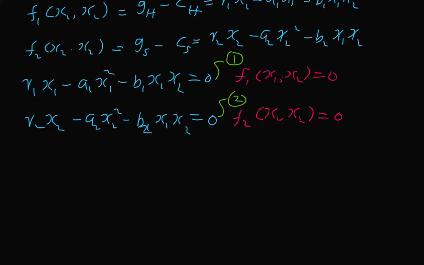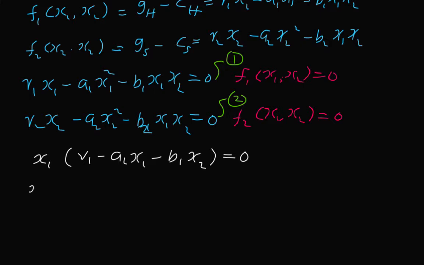In the first one, x1 is the common factor, so x1 times (r1 minus a1 x1 minus b1 x2) equals 0.